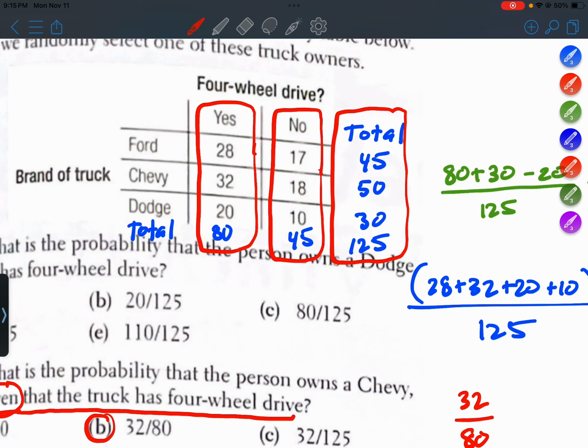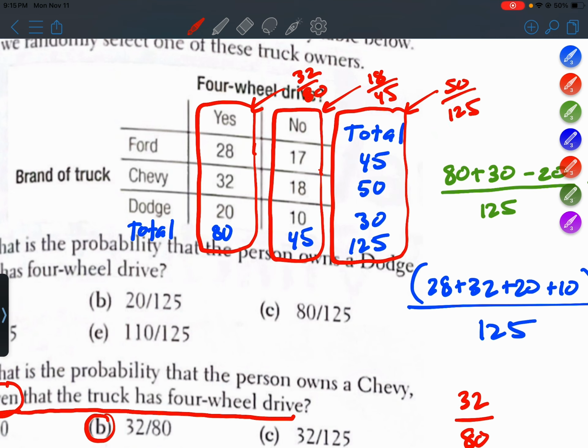So this would be 32 out of 80. This would be 18 out of 45. And this would be 50 out of 125.